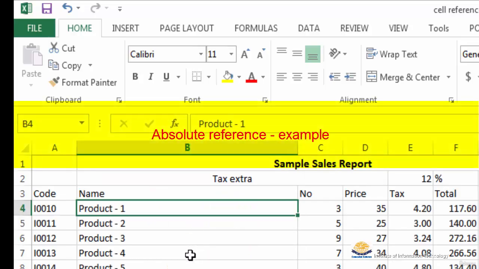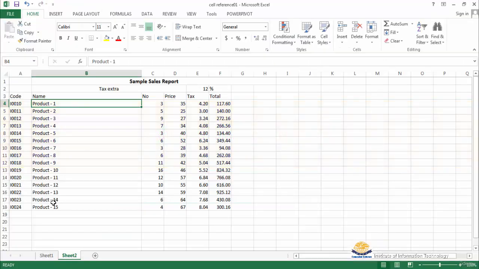Here is another example showing a sample sales report. Here the products' tax is given as 12%. Their quantity, their price, their tax amount, then the total are given.